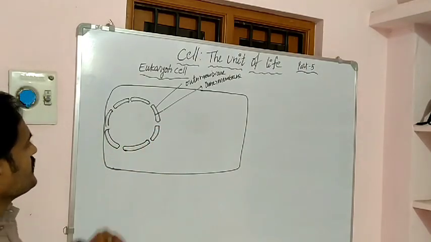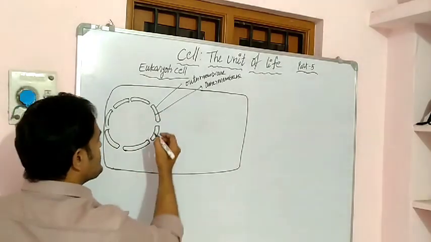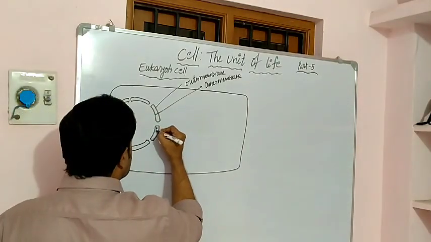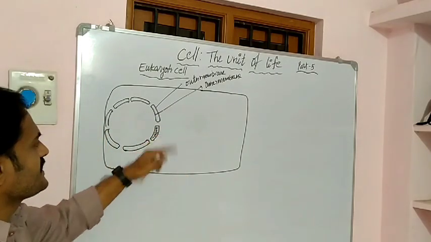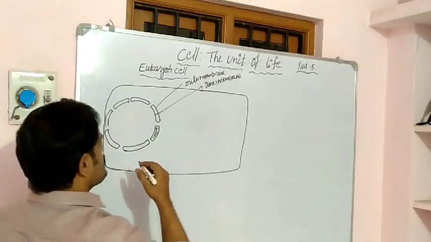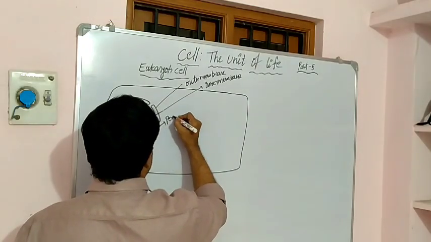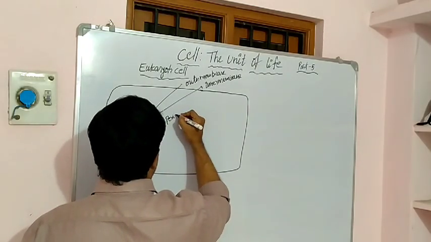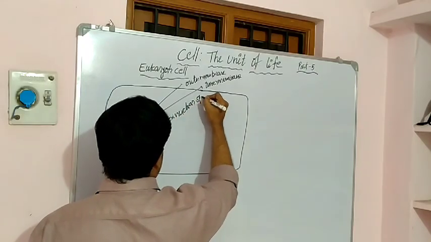In between the two membranes, some space is present, between the outer membrane and the inner membrane. This space is called the perinuclear space.